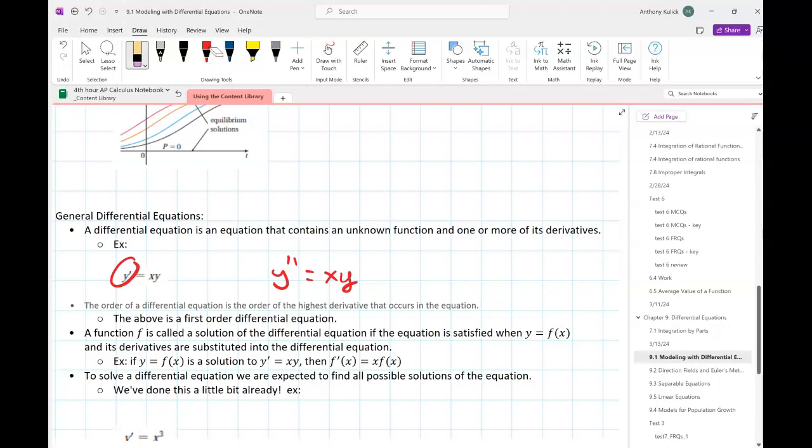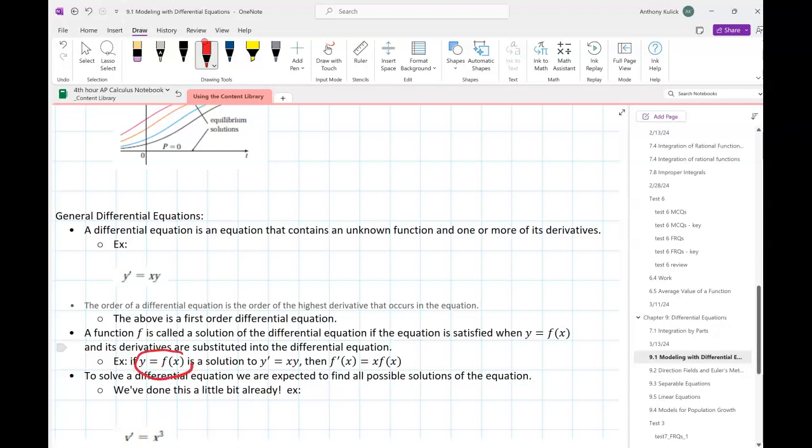Yay! Big deal, Mr. Kulik, I'm just talking about names. So a function f is a solution for a differential equation if y equals f of x and, if we substitute the derivatives in, it satisfies the equation.